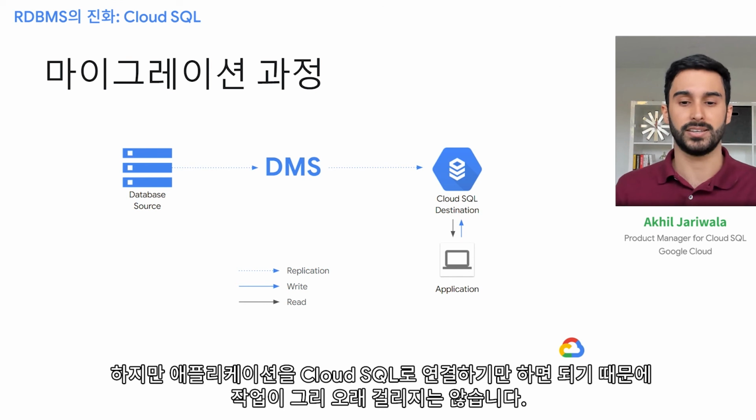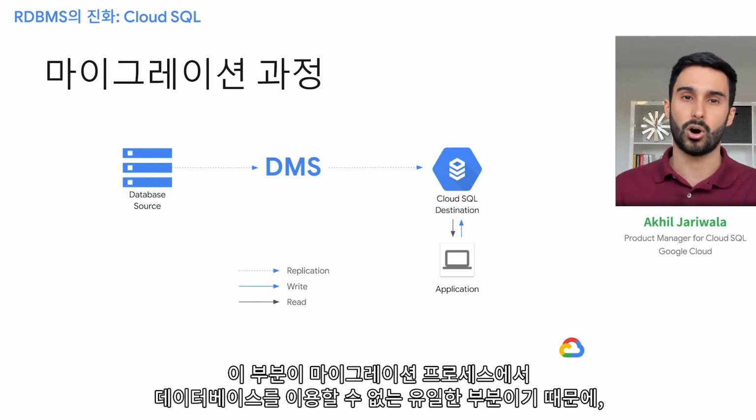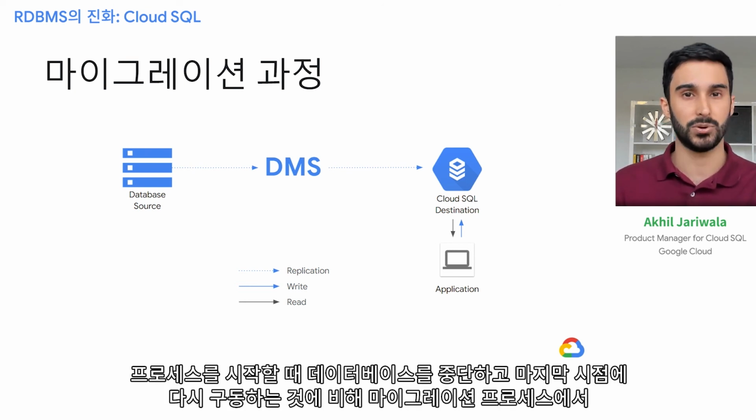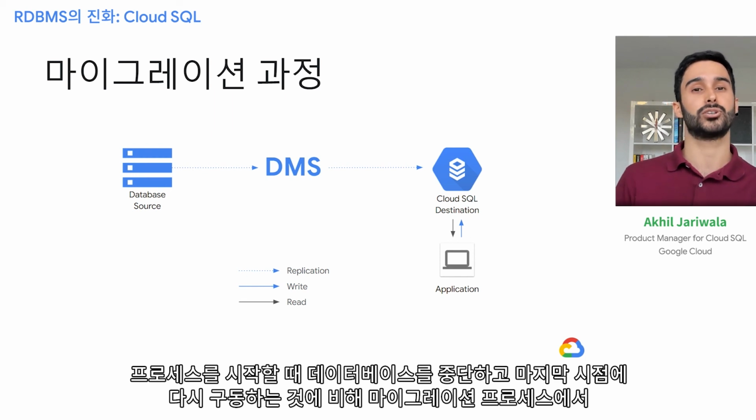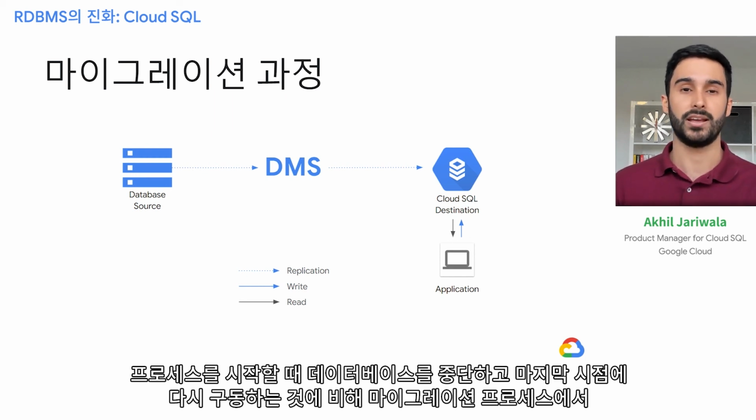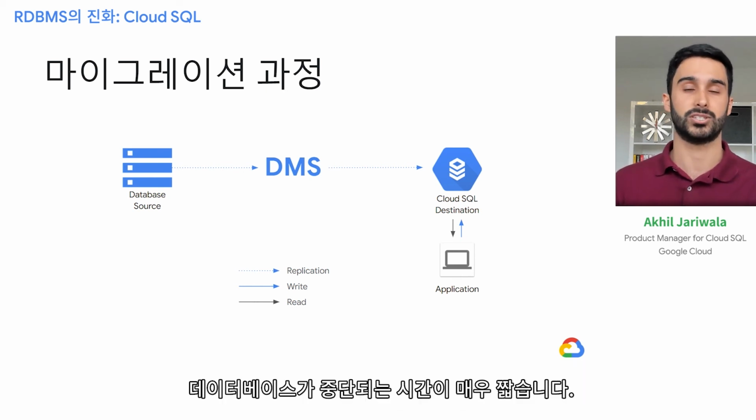However, this doesn't need to take all of that long, because all we need to do is point the application to Cloud SQL. Since this is the only part of the migration process when the database is not available, the outage period in a continuous migration is substantially shorter than it would be if we were to stop the database at the very beginning and only start it at the very end of the process.